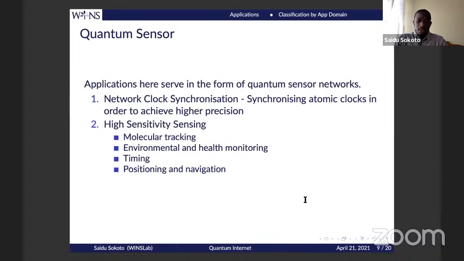We have the molecular tracking, environmental and health monitoring, timing, which is similar to the network clock synchronization, position and navigation. In a recent paper I was reading, they even talked about the concept of no GPS tracking. These are a whole lot of applications, and hopefully we will see some innovative things coming out of the quantum internet in the near future.